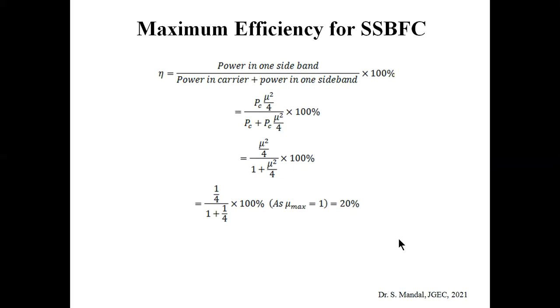So by cancelling PC from both parts, we get mu square by 4 by 1 plus mu square by 4. And for the critical modulation, we know the maximum value of mu is 1. So by substituting mu as 1, we get 1 by 4 by 1 plus 1 by 4. Ultimately we get 20%. So the maximum efficiency for the SSBFC is 20%. That should be remembered.